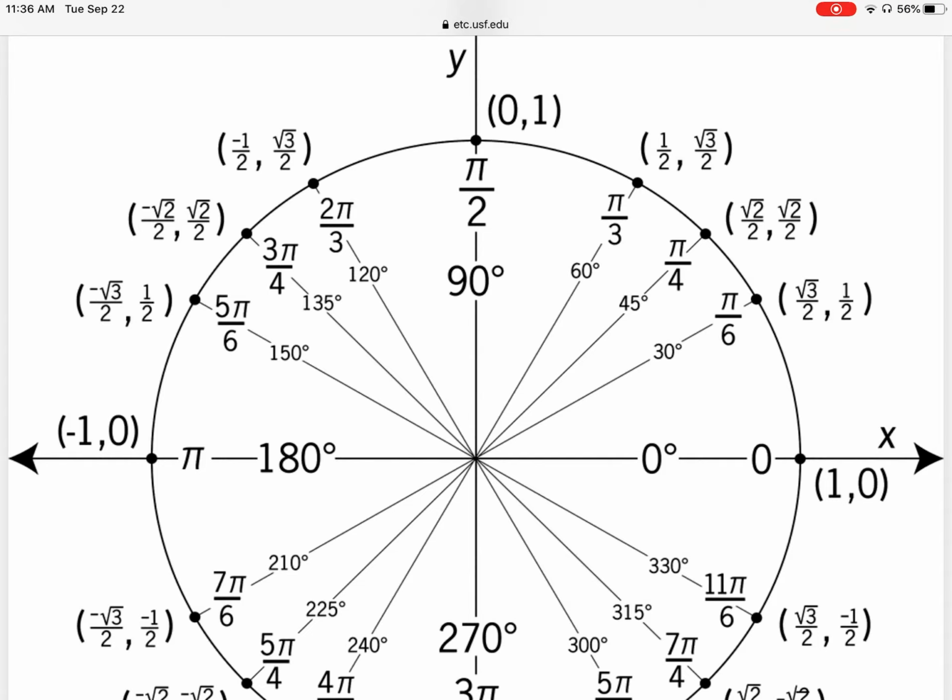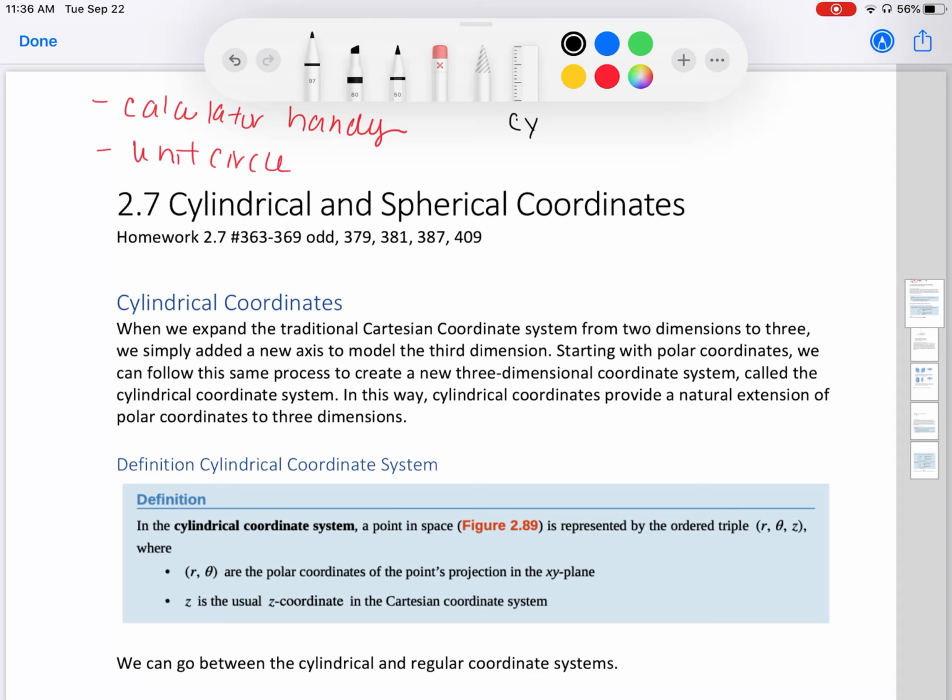What we're going to do in this section is learn how to go into different perspectives of points. We're going to learn about cylindrical, which we've kind of seen, and spherical coordinates.